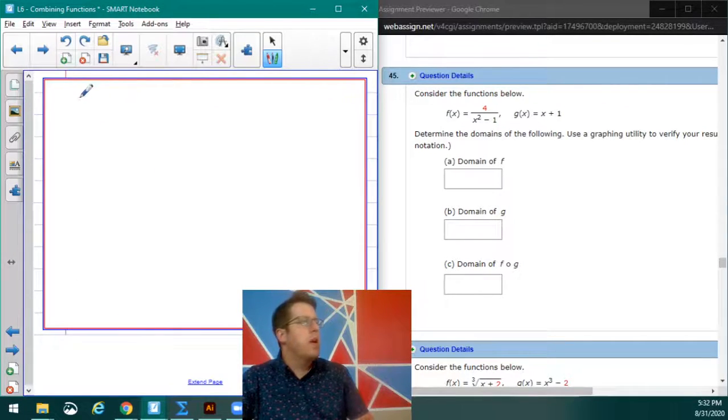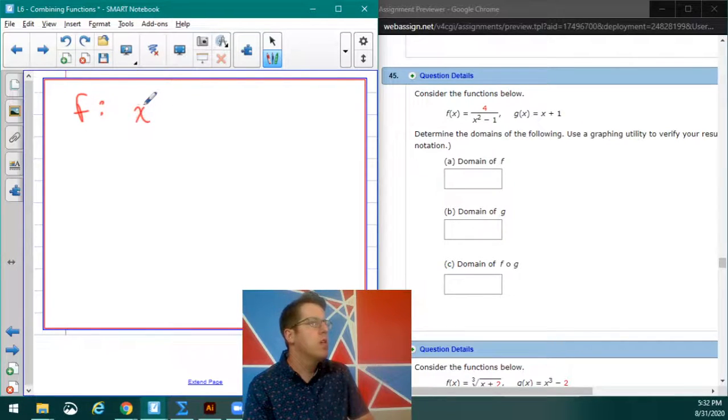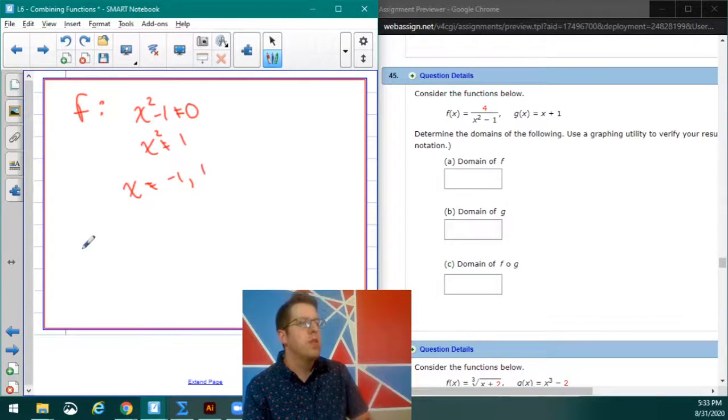Okay, our domain for f is that the denominator cannot equal 0. So x squared can't be 1, which means x does not equal negative 1 or positive 1.